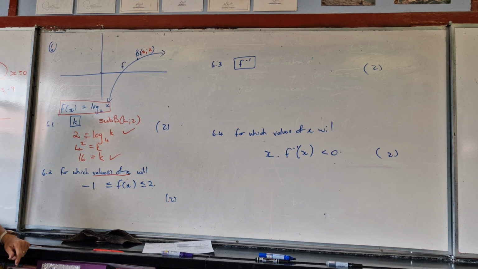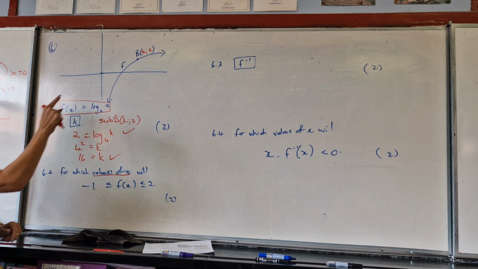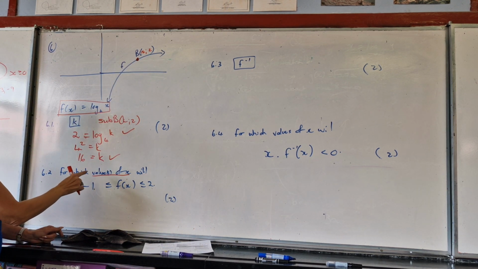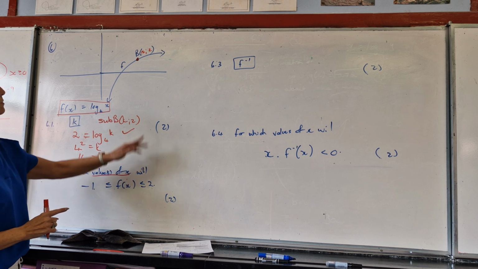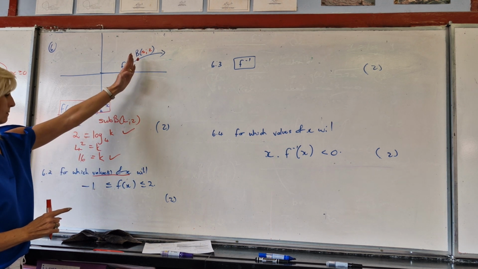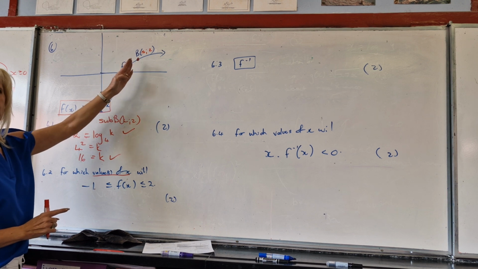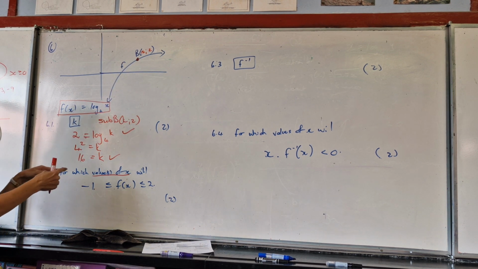Where is the y value 2, I can see. Are you with me? 2, I can see, that's there. So for which x value will it be less than 2? Oh, yeah, the y value less than 2. For x smaller than 16. That's why you needed the 16.